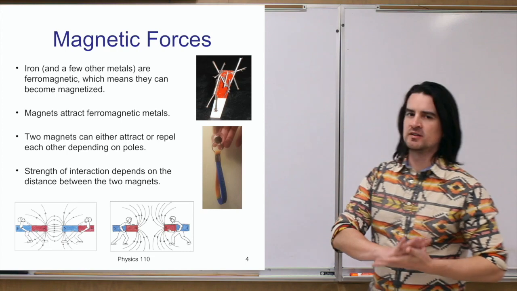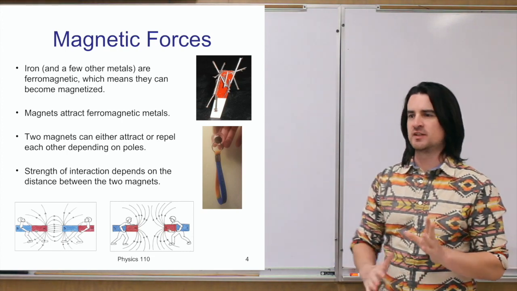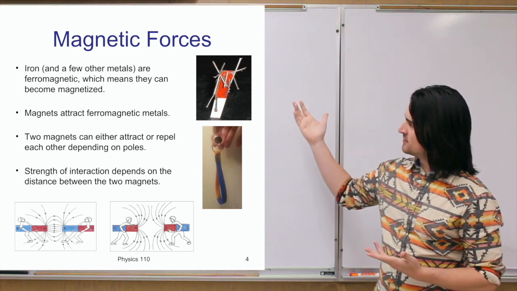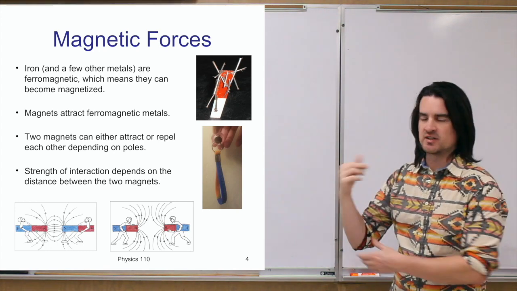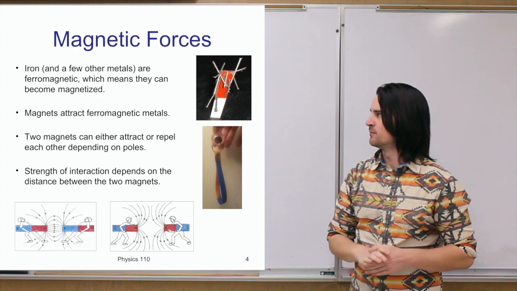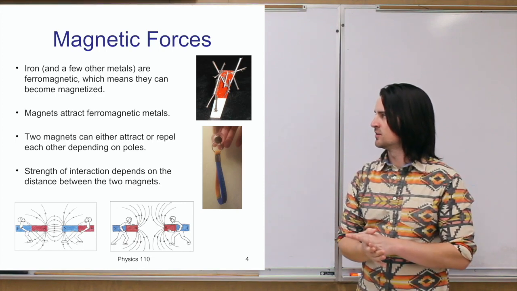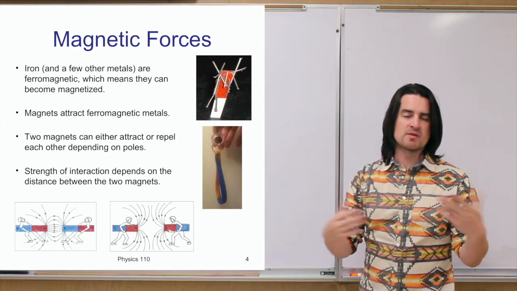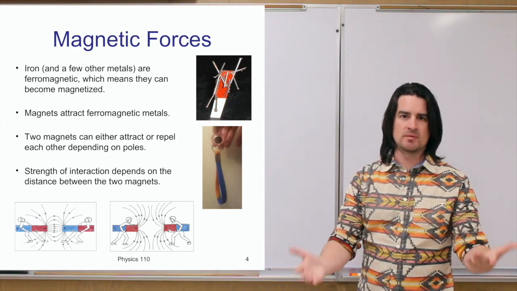So what about the force that arises from magnetic fields? Just some observations. Iron can become magnetized, and iron is one of a few other metals which are classified as ferromagnetic. Ferromagnetic is a fancy way of saying it can be magnetized. It can become a magnet.